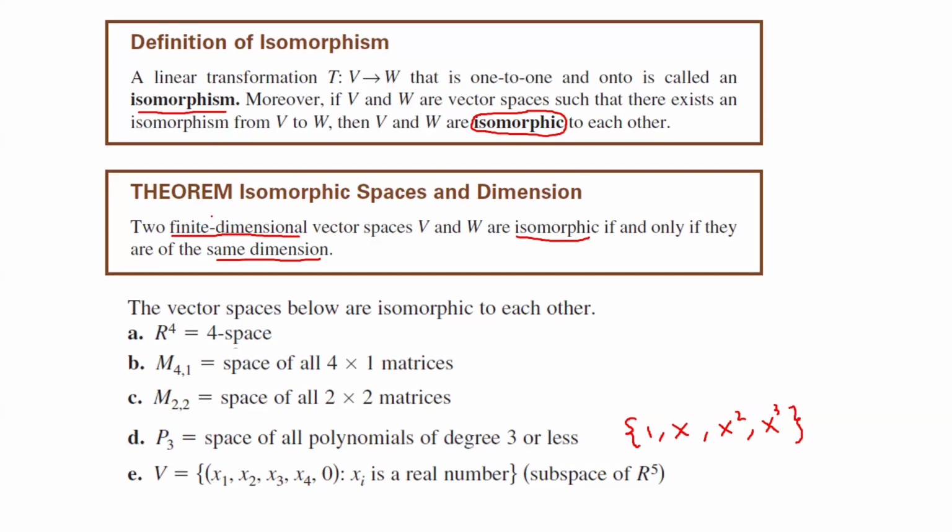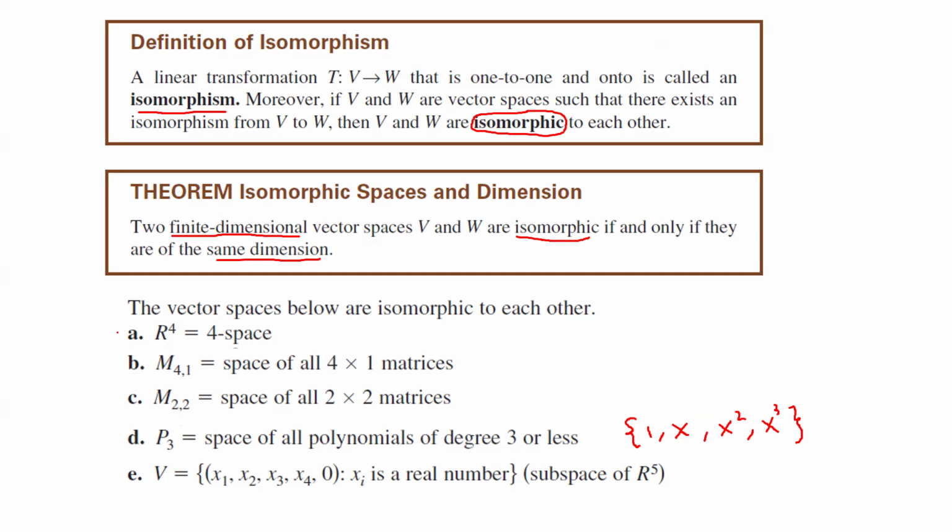So based off of this theorem, since these vector spaces are all of the same dimension, they must be isomorphic. It means that there is a linear transformation. You can define a linear transformation from this space to this space that is one-to-one and onto.